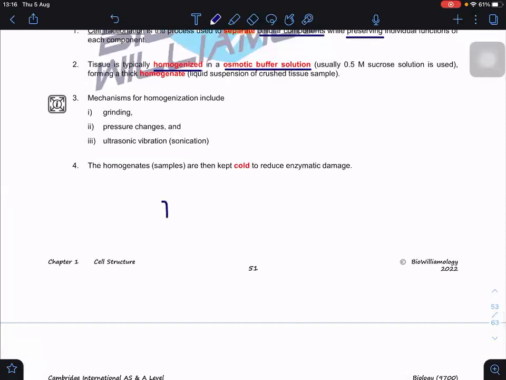Now, try to imagine, guys, if this is my beaker, we have the cell suspension inside, or tissues, cells or tissues. We want to homogenize it. Homogenize basically means we want to lyse the cell, to break the cell.